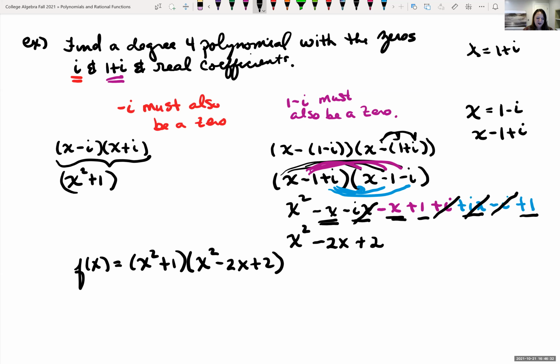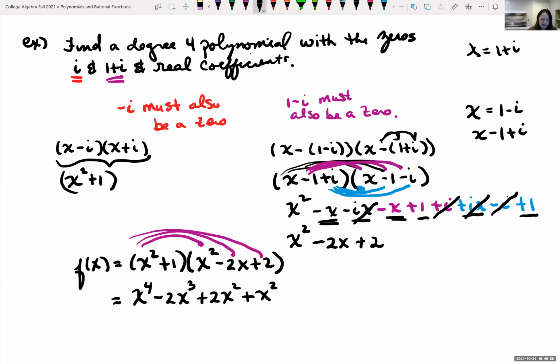We are almost there. We just want to distribute this out, and then we have a degree 4 polynomial. So distributing our x squared times x squared is x to the 4th. x squared times negative 2x is negative 2x cubed. x squared times 2 is plus 2x squared. Distribute the 1. So 1 times x squared is x squared. 1 times negative 2x is negative 2x.